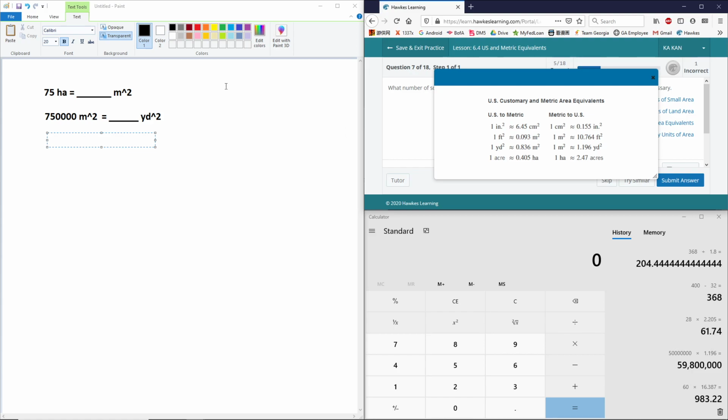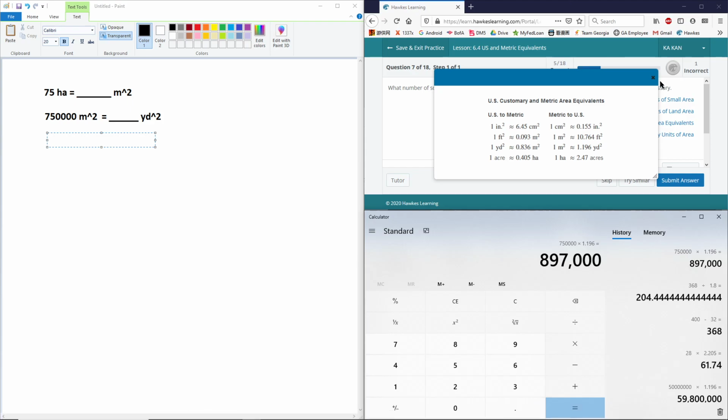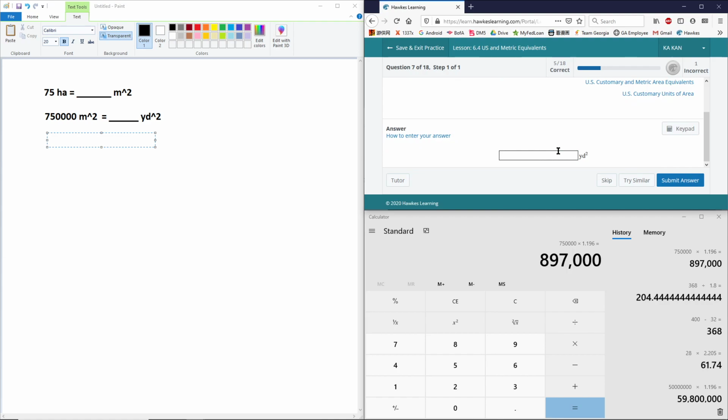So you can do a proportion if you want to, but you could simply just multiply 750,000 times 1.196. So 897,000. Let's try that. Just like that.